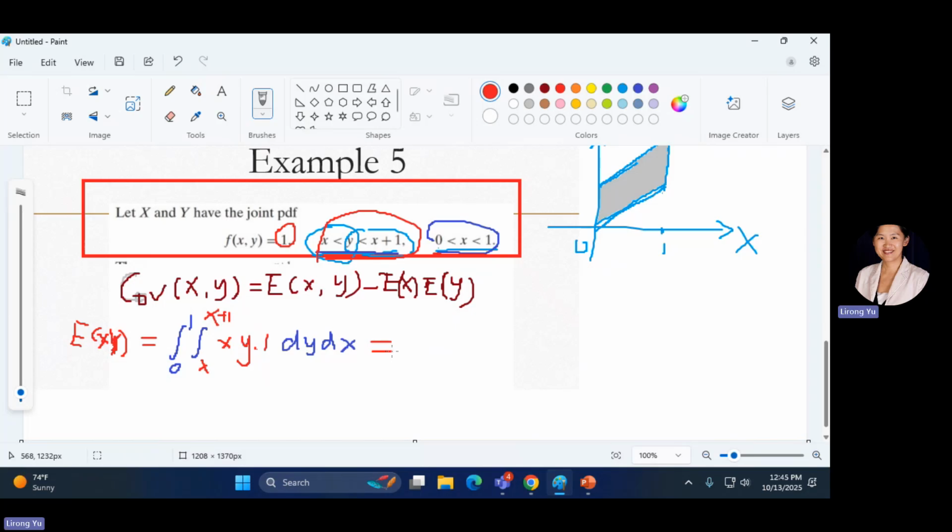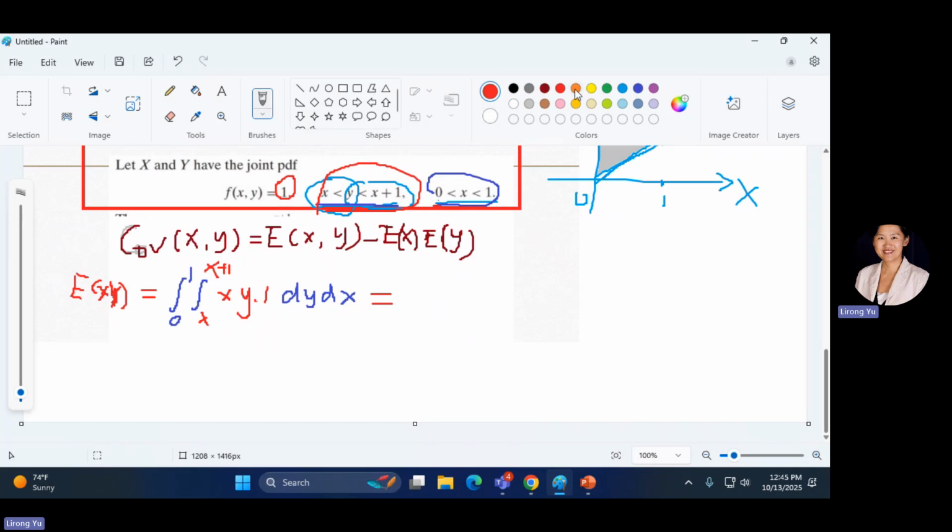Are we okay? As long as you calculate expectations, you can follow the same setup so that we don't lose consistency of the equation. For example, if you're calculating E of X, you'll be integrating x times the density, but the density is 1, so it's just x.